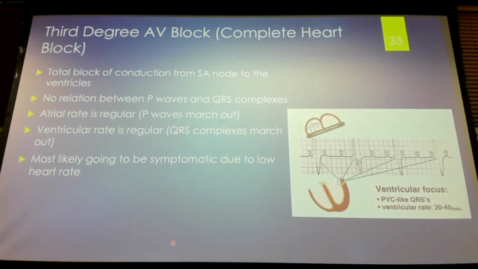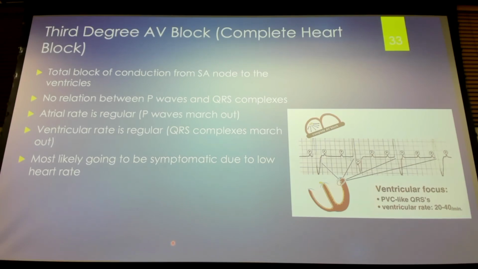Our last block is our third degree block, and this tends to be quite a bit harder for people to conceptualize. In third degree block, okay, we have a total lack of conduction from the SA node to the ventricles. But the SA node is working, the SA node is firing, the atria are depolarizing.